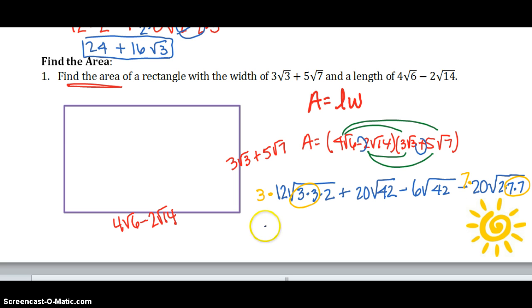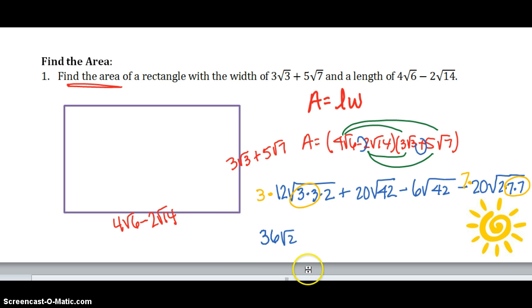3 times 12 is 36, radical 2. Maybe I should move up. Okay, 36 radical 2 plus, and these subtract 20, take away 6, square roots of 42, and you have a positive 14, square root of 42.